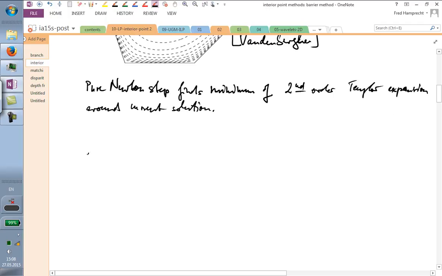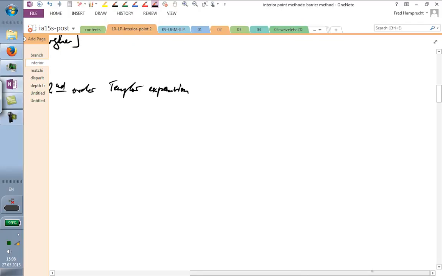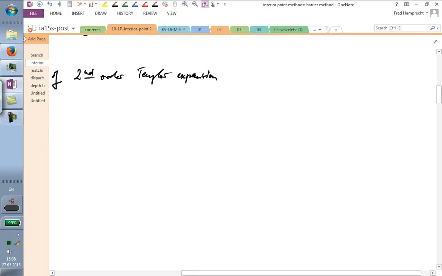And this minimum is found by taking the first derivative and setting it to 0. The x here is a vector, excuse me.